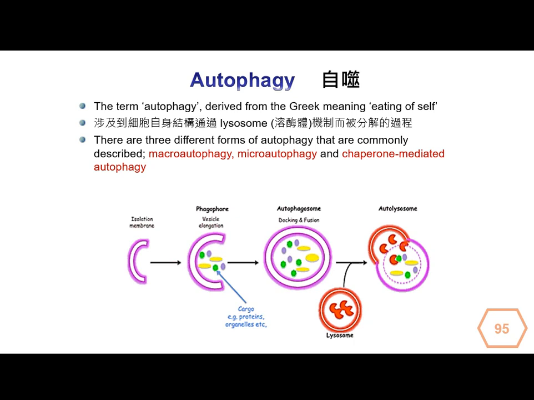This autophagosome will fuse with a lysosome. The lysosome will destroy whatever is inside the autophagosome. Actually, the most important part is here. Imagine this is like endocytosis, but when material comes from outside the cell via endocytosis and fuses with the lysosome, the lysosome will take care of whatever is coming in from outside.